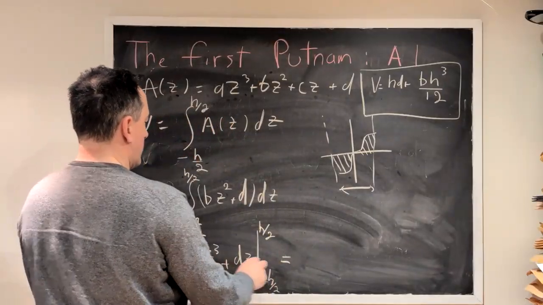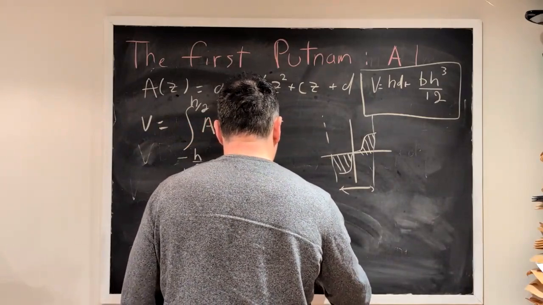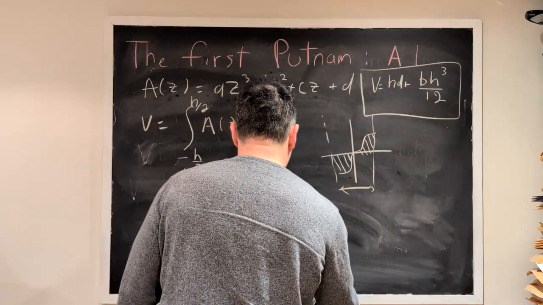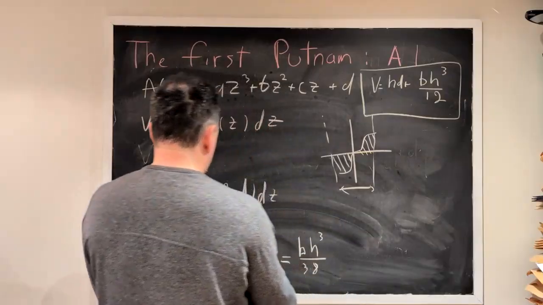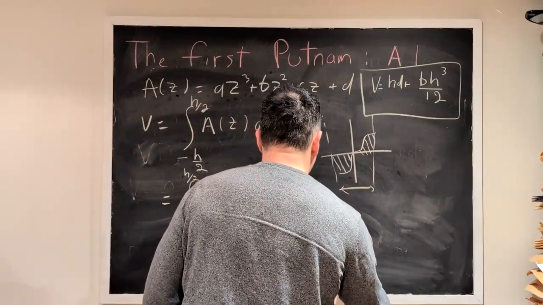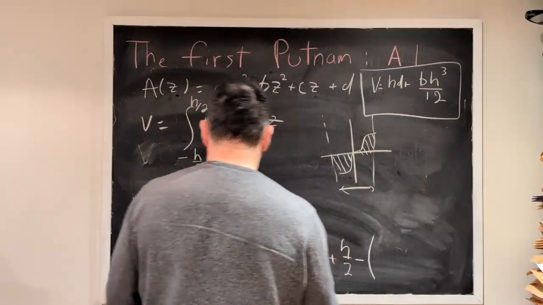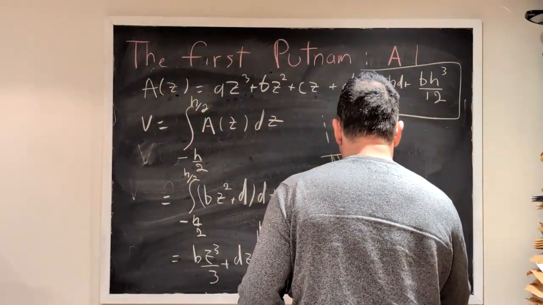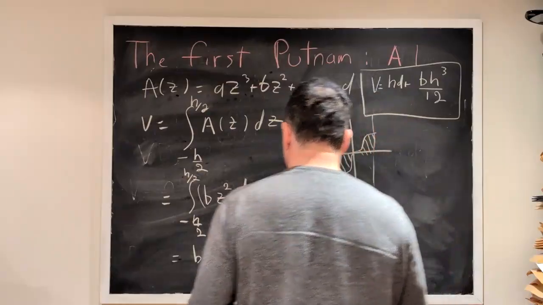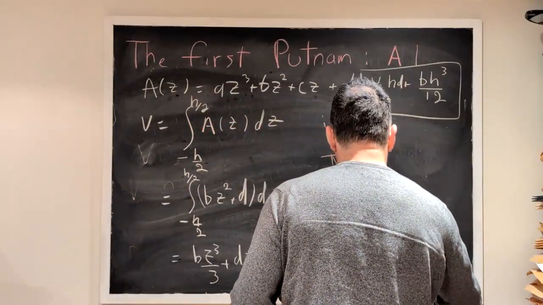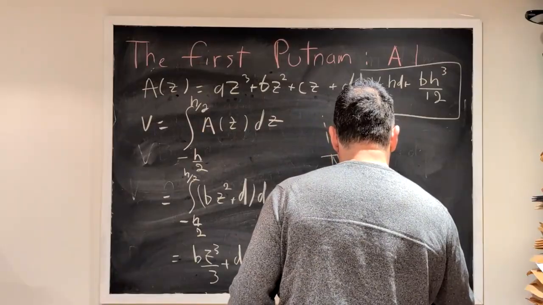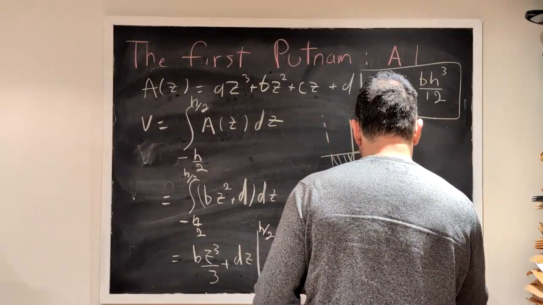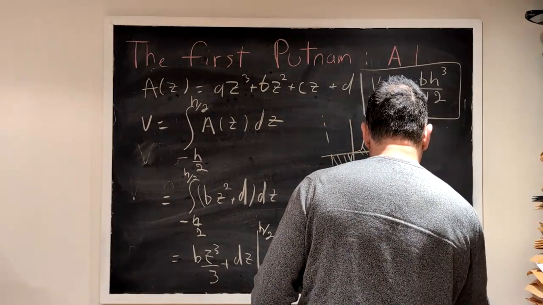So this will give us b times h cubed over 3 times 8, and the z will be plus h over 2 minus, well, the same thing with the other limit of integration, b times minus h over 2 cubed, minus h over 2.